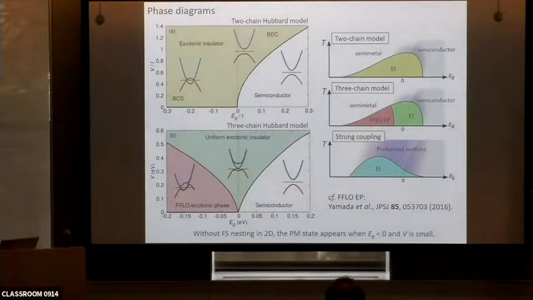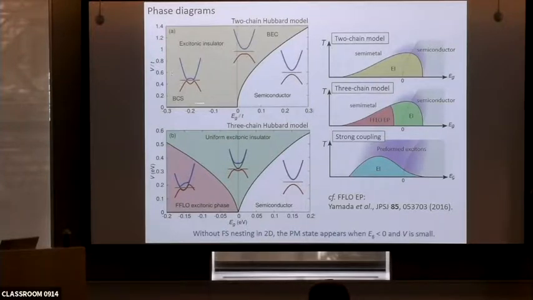To envisage the excitonic phases more clearly, we draw the ground state phase diagram. This is for the two-band Hubbard model, this is the two-chain Hubbard model, and this is for the three-chain Hubbard model. In the semiconducting region we have the band gap, and if the interaction strength V over T, where T is hopping and V is interaction, is strong, then we have the BCS-type exciton condensation.